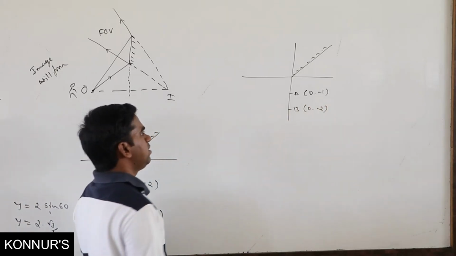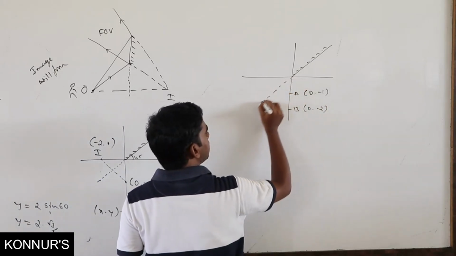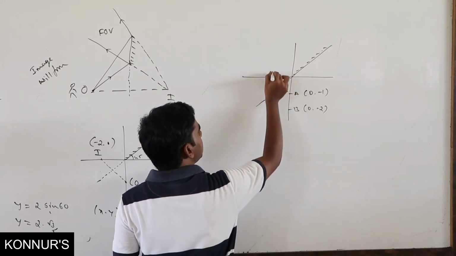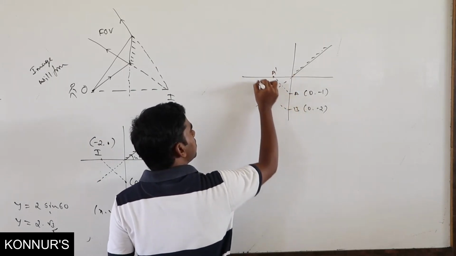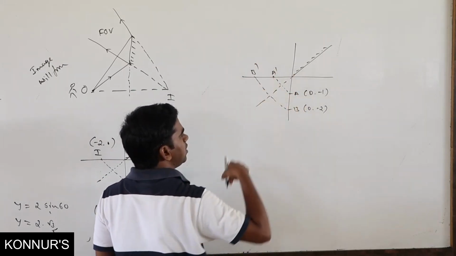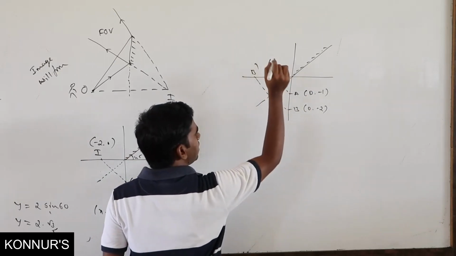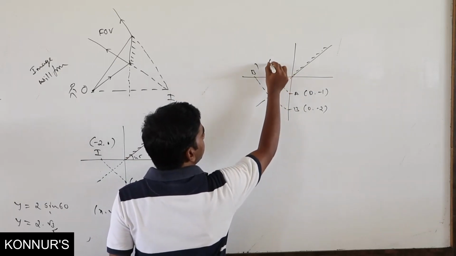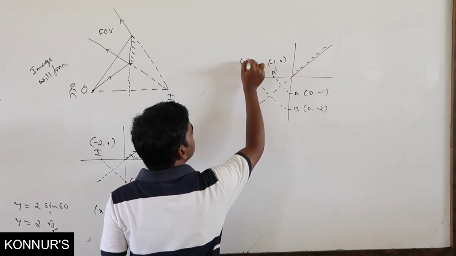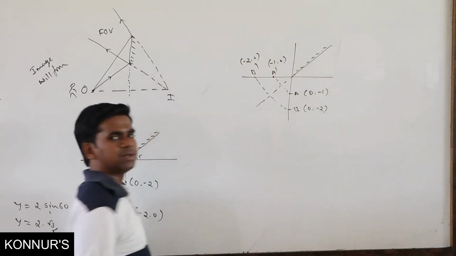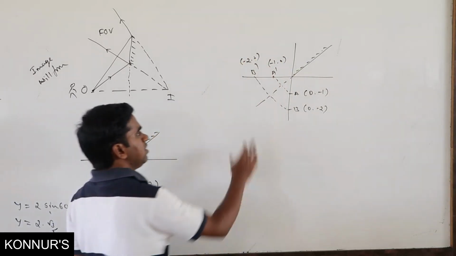Now there will be the image. The image is going to be here, so this is its image A dash and this is its image B dash. So what are these coordinates? This is (-1, 0), and this is (-2, 0). This is how you can calculate.